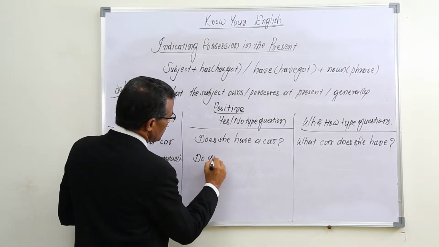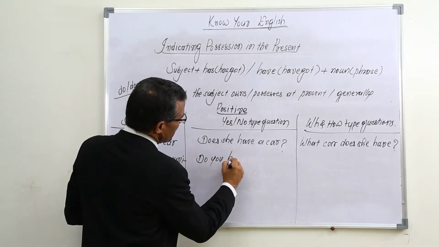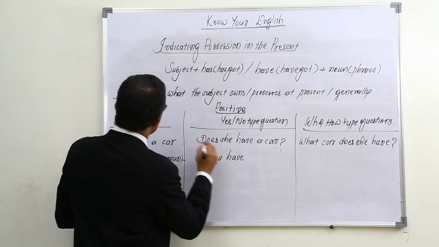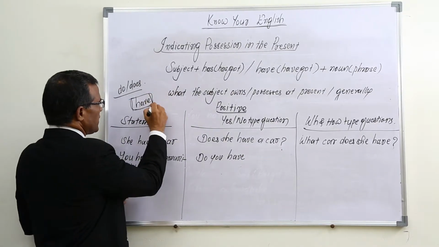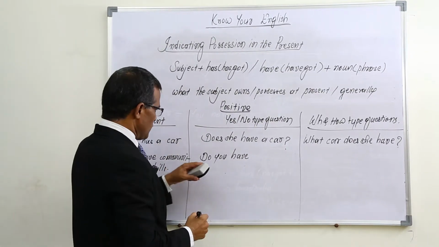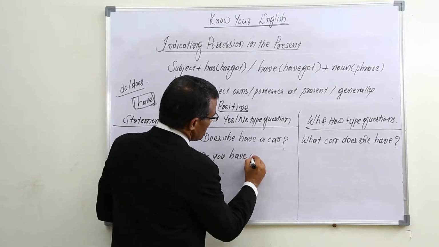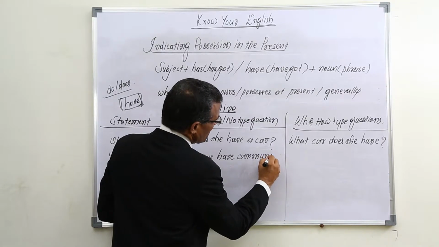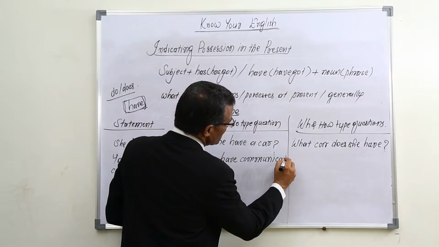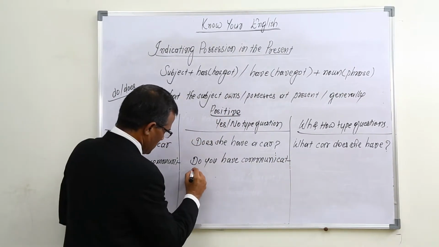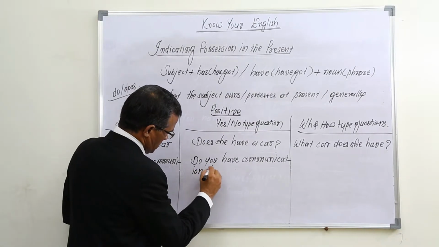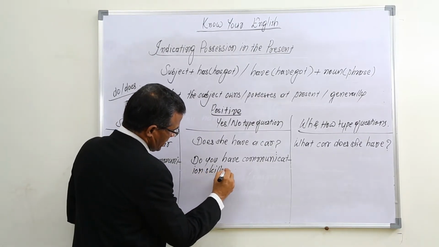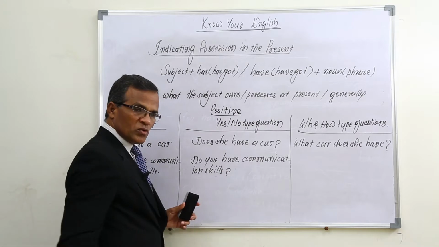Do you always have only, we have already seen. Only do or does, we have to use only have. Do you have communication skills? Do you have communication skills? This is a yes or no type question.